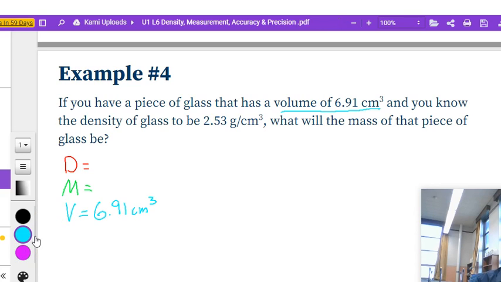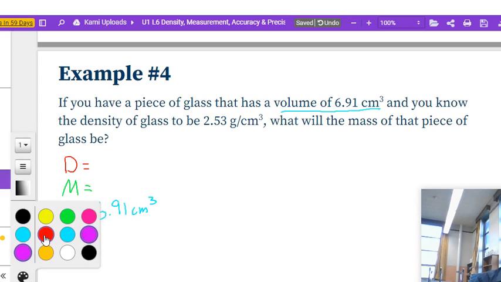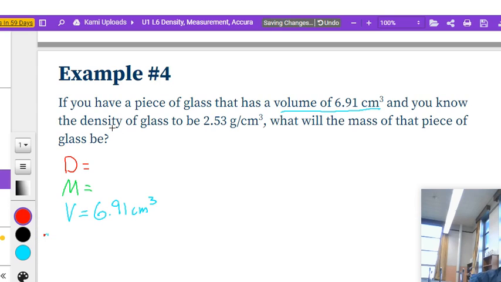You also know that the density of the glass is 2.53, and that's going to be grams per cubic centimeter.